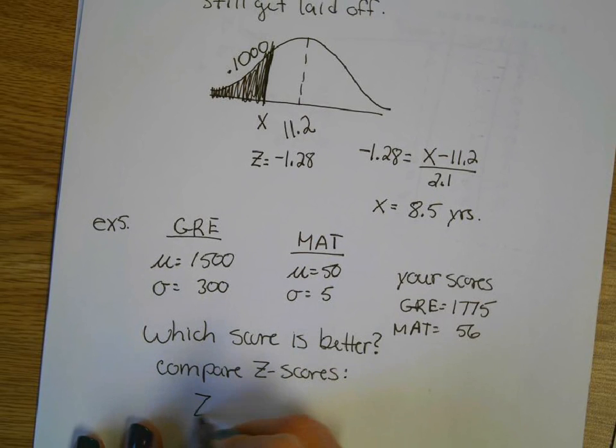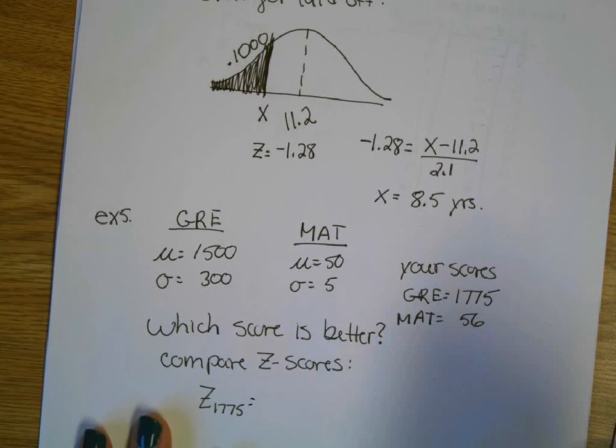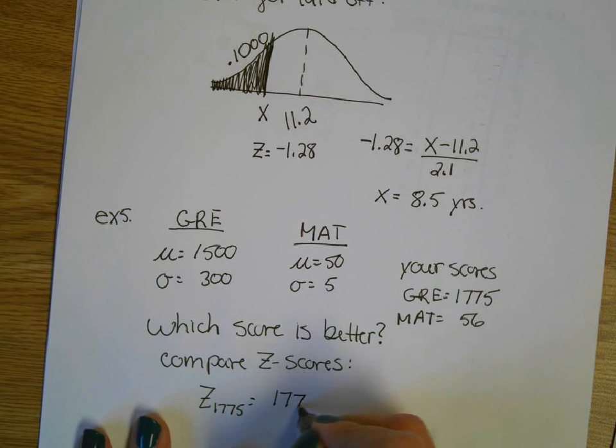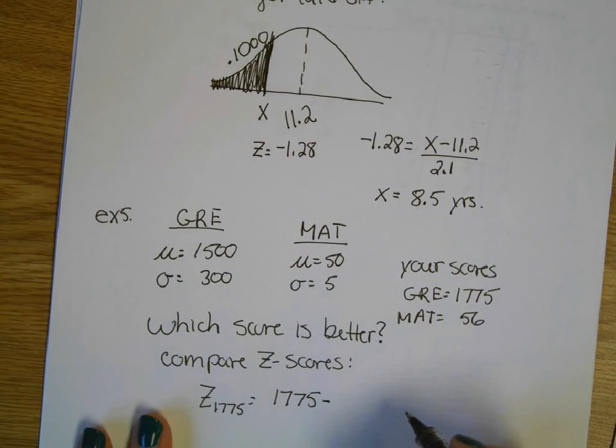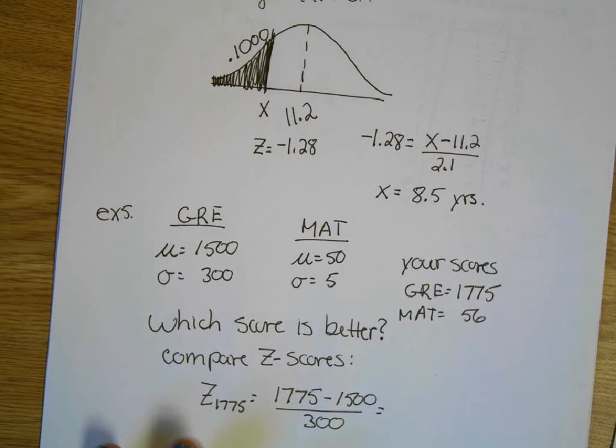So the Z-score for 1775, and you could kind of just see that it was less than 1. Is that what they do with the SAT and the ACT? Yes, it would be the same kind of thing there. They convert them to Z-scores to see what the equivalent would be. That's exactly what they're doing.